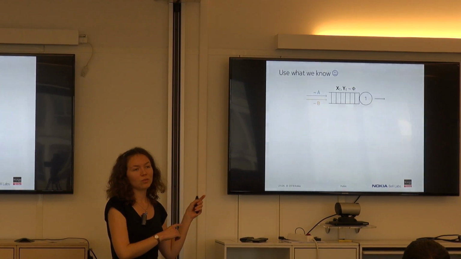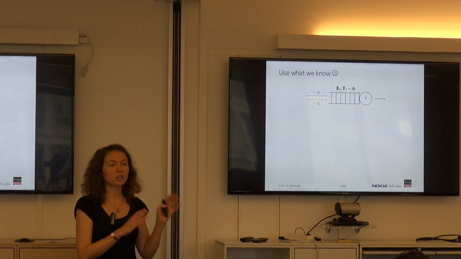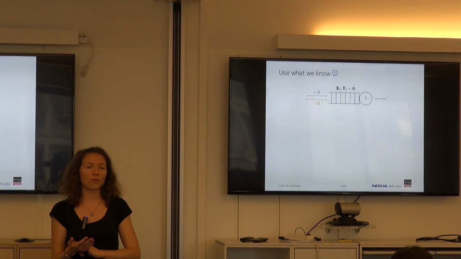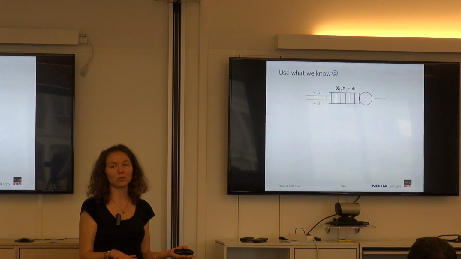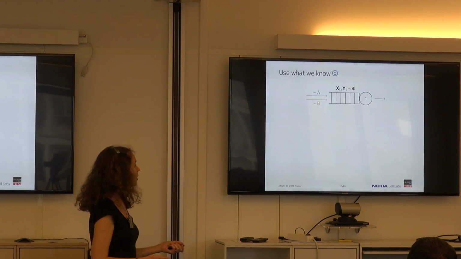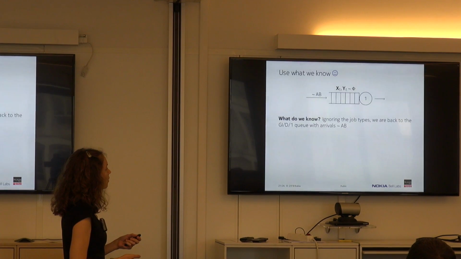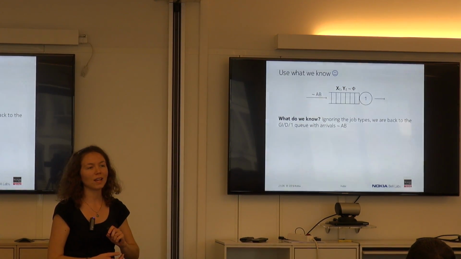If we look at this queue, ignoring the flow types, just by looking at the total number of packets in the queue, then you just have the GI/D/1 queue that we studied earlier. So you can give phi of 0, just a detail.